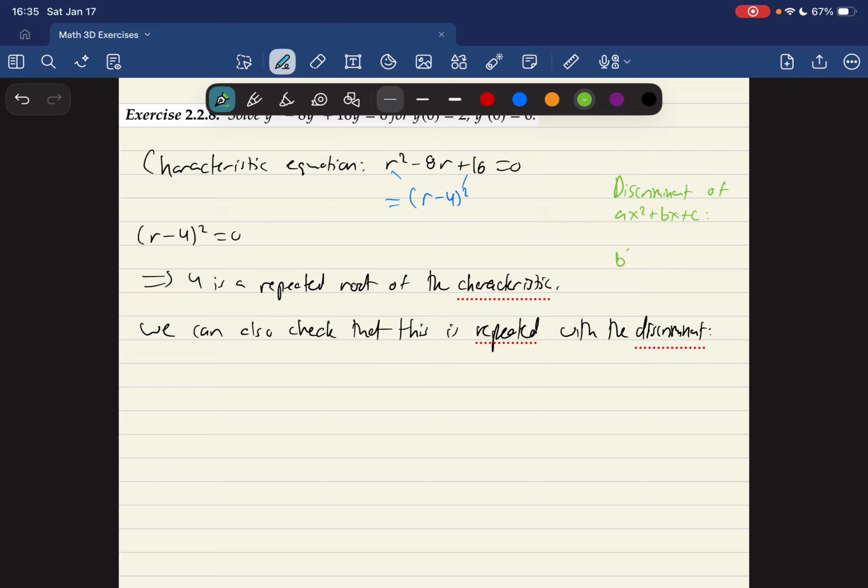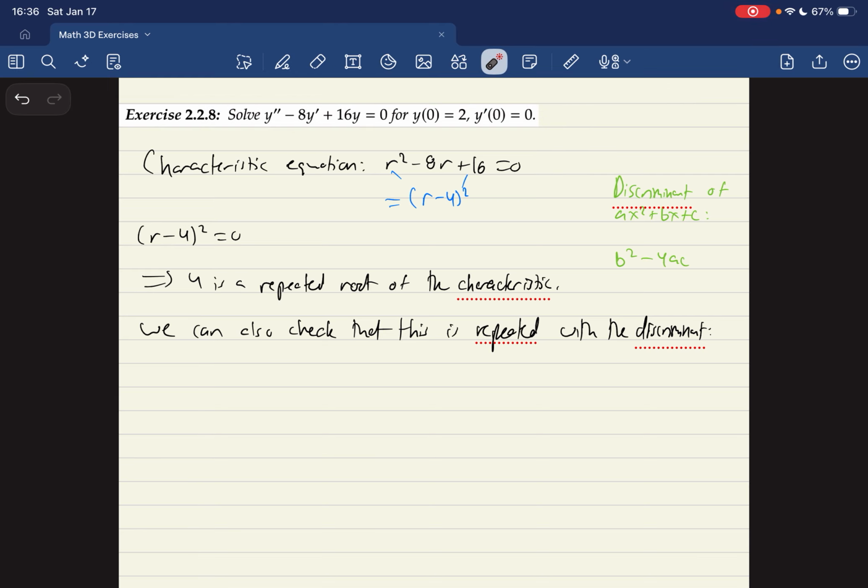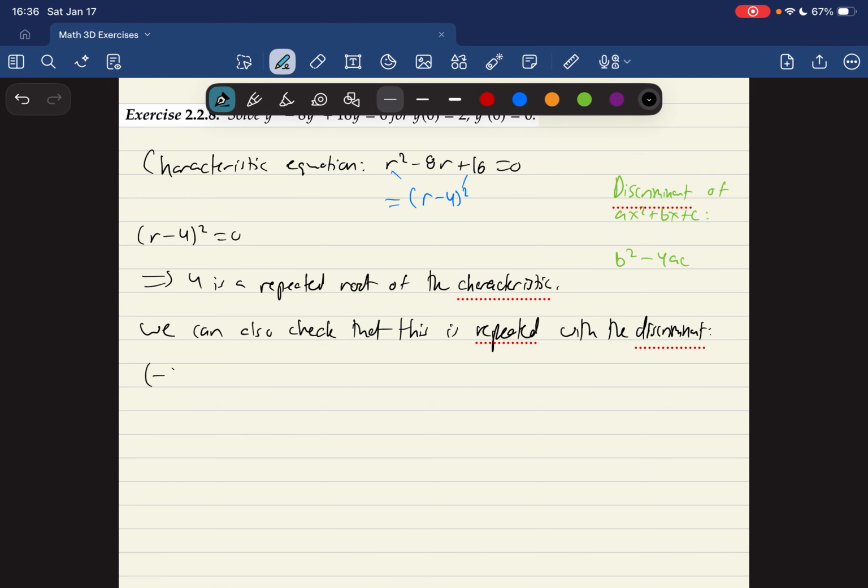Its discriminant is just b squared minus 4ac. In our case, b is going to be -8 and our c is going to be 16. So we need to compute (-8) squared minus 4 times our a, which is 1, times our c, which is 16. So we're computing 64 minus 64, and this is 0. And so when the discriminant is 0, we have a repeated root.